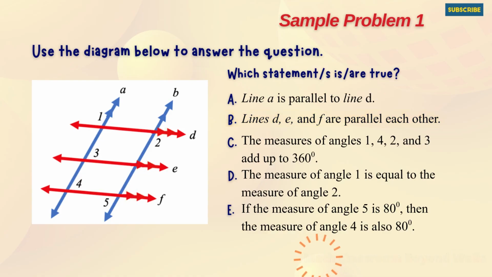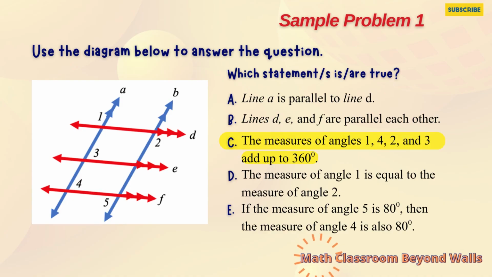Option C states that the measures of angles 1, 4, 2, and 3 add up to 360 degrees. Remember that around the point of intersection, vertical angles are formed and the measures of all the angles add up to 360 degrees. Let us consider the point of intersection between line A and line D and mark these angles with arcs.